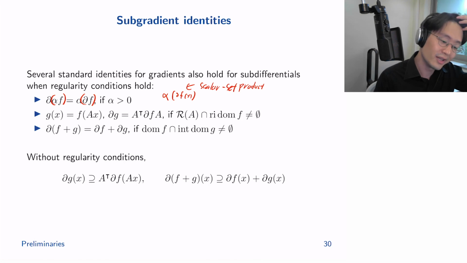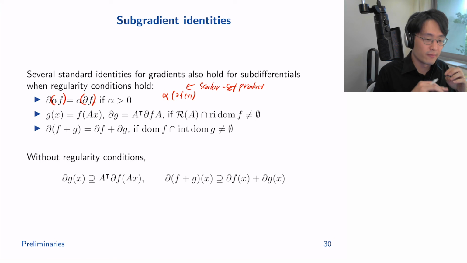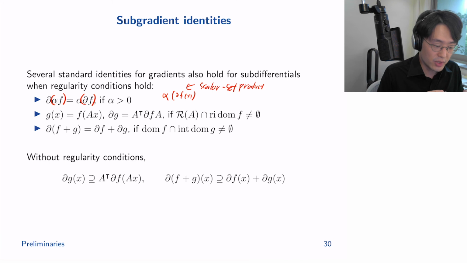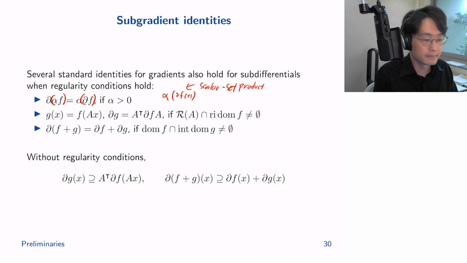To put it differently, these regularity conditions and these identities are very intimately connected with the notion of strong duality in convex optimization. And strong duality is not an easy concept. It's not trivial to prove, and neither are these results. But if you're interested, these are standard results that you can find the proof for in many convex analysis textbooks. But for the purpose of this class, we won't spend the time on the proof. We'll just move on and accept these as given identities.